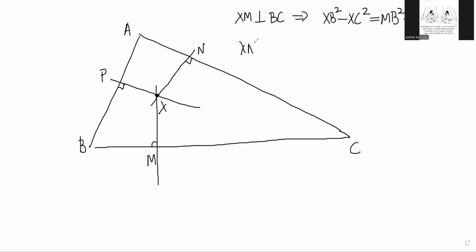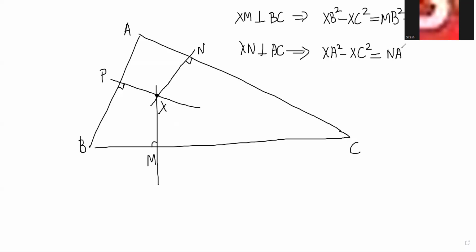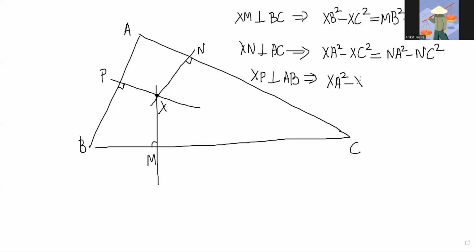Similarly, XN is perpendicular to AC, so XA square minus XC square is equal to NA square minus NC square. And similarly, XP is perpendicular to AB, therefore XA square minus XB square is equal to PA square minus PB square.